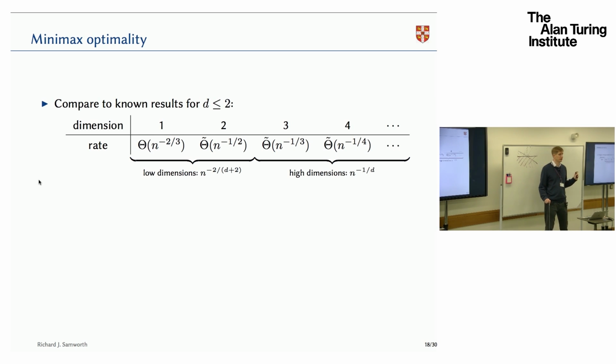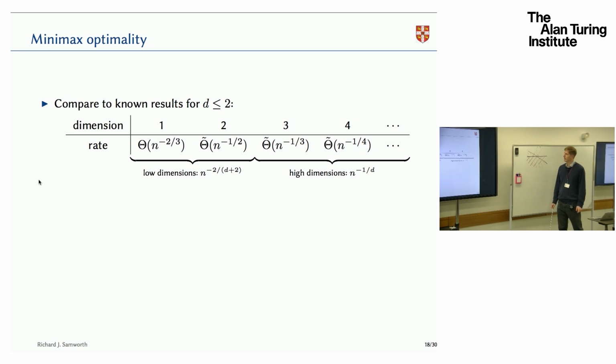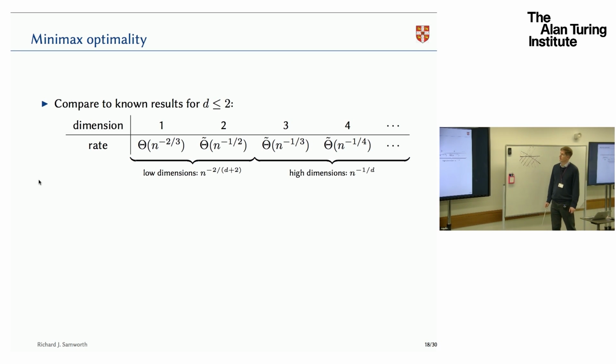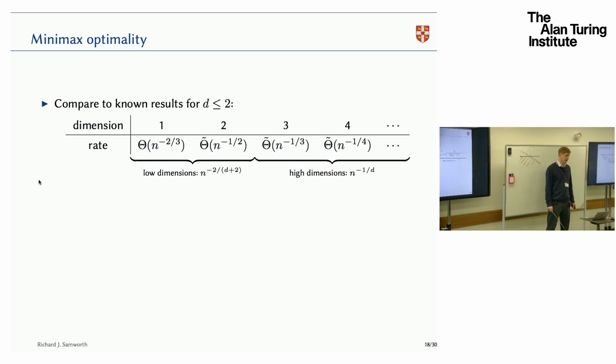So it's like having Hölder smoothness 1, and that would give you a rate in general of n to the minus 2 over d plus 2. But what we're finding is that in higher dimensions, you actually get a slower rate than would be predicted by that. You get n to the minus 1 over d.